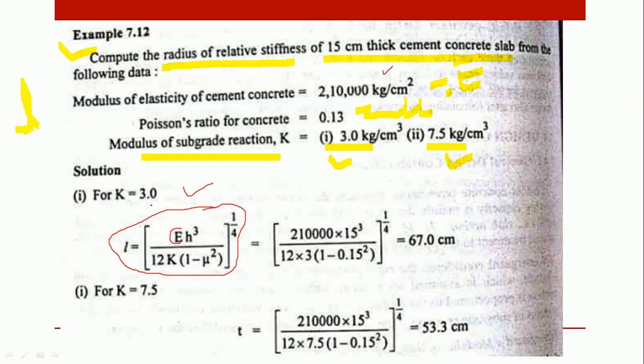H is the thickness of the pavement, 15, and mu is Poisson's ratio. K is given, for 3 you need to find it, and for 7.5 also. Just substitute the values and find the relative stiffness, in terms of centimeters.